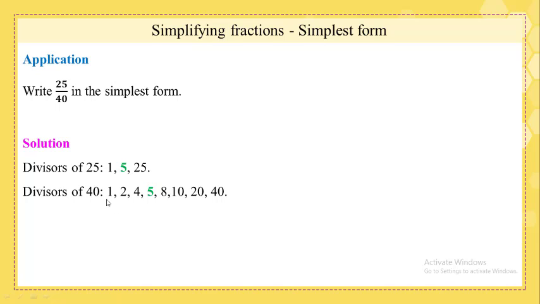Divisors of 40 are 1, 2, 4, 5, 8, 10, 20, and 40. So GCF of 25 and 40 is equal to 5. Now divide the numerator and the denominator by their GCF, which is 5. So 25 divided by 5 is equal to 5, and 40 divided by 5 is equal to 8.